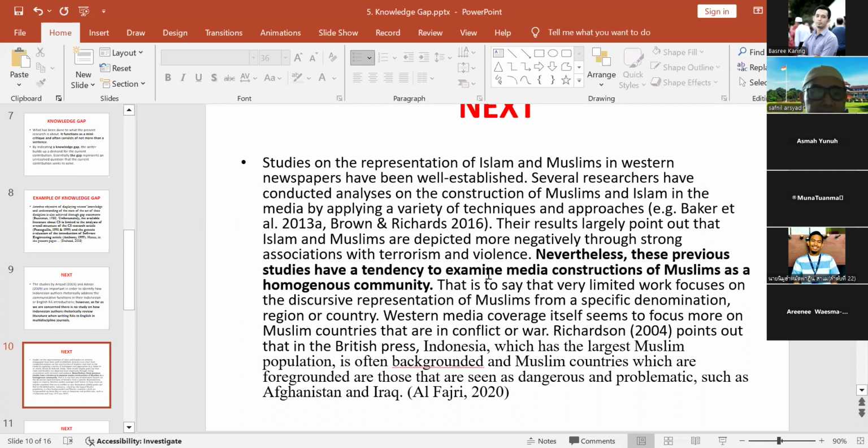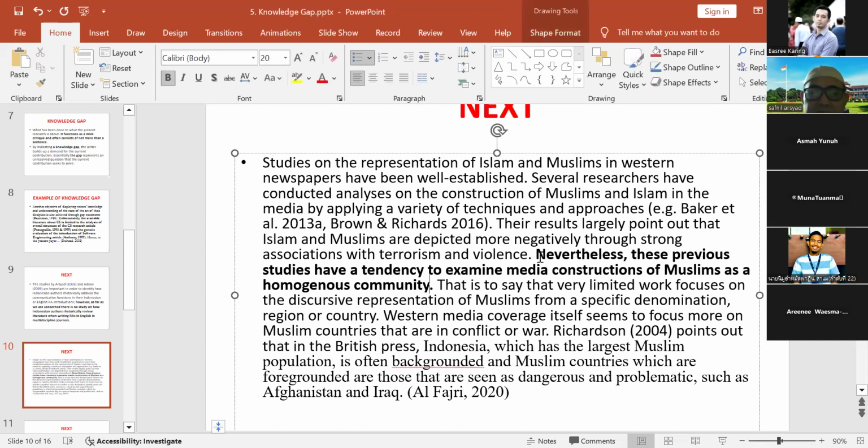Nevertheless, these previous studies have a tendency to examine media constructions of Muslims as a homogeneous community. So this is a critic. This is not just to refer to previous studies, but to comment on the previous studies. This is a better research gap statement or claim than just saying that, as far as I'm concerned, there is no study on the topic yet so far. Okay, but this is a better one.